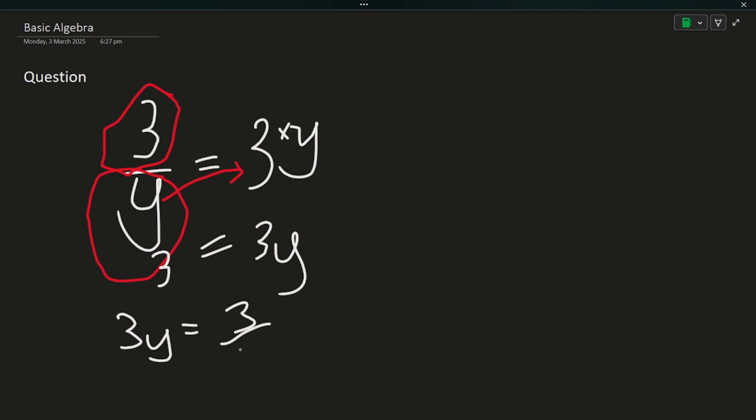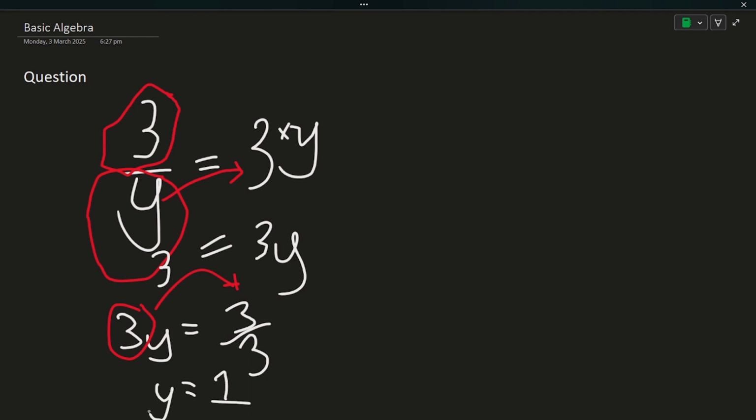The multiplication one that I taught you, you're basically just going to apply that onto the second step here. So you bring that 3 from the 3y, bring it here, divide by it, and you get 3 over 3, which is also equal to, guess what, 1.